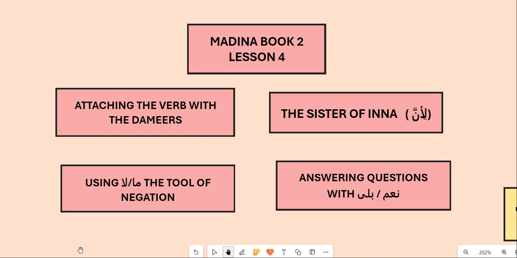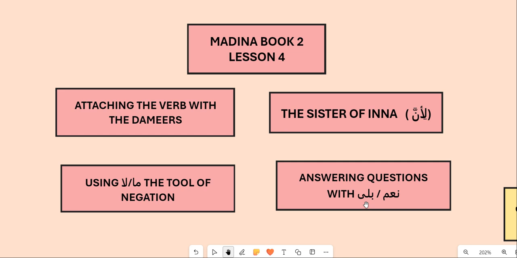Both these tools are used for negation, one for past tense, the other for present tense. Then last of all, answering the questions. How the question is asked, you have to answer that question accordingly with naam and bala. So let's now go on to the damirs attaching with the verbs.